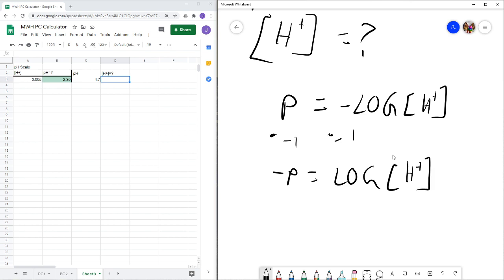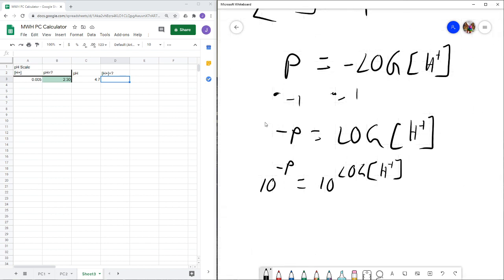Now I need to exponentiate both sides. So we have 10 to the negative P is equal to 10 to the log of our concentration. Or we could think 10 to negative P is equal to our molarity, because these kill each other off thanks to our property.